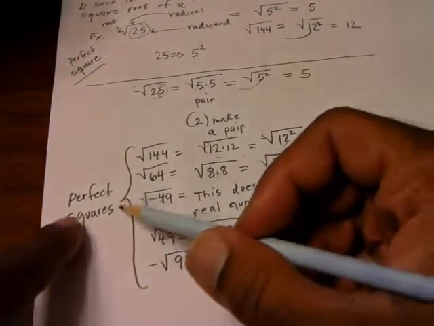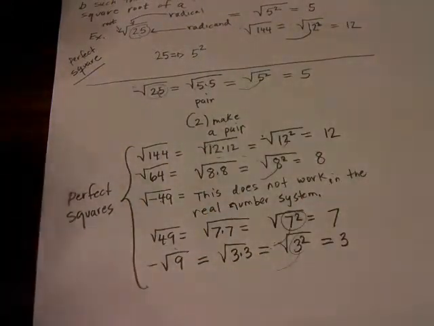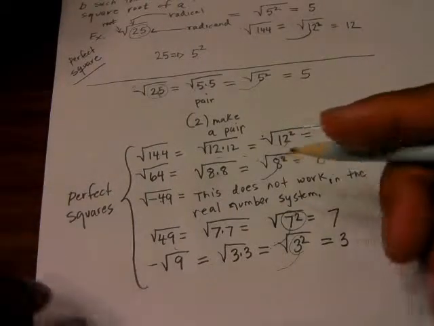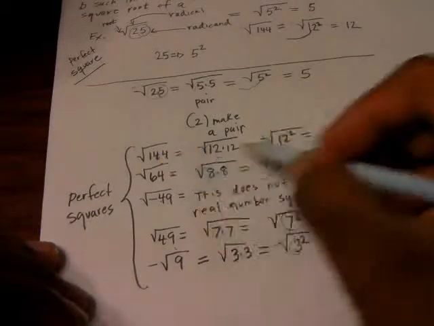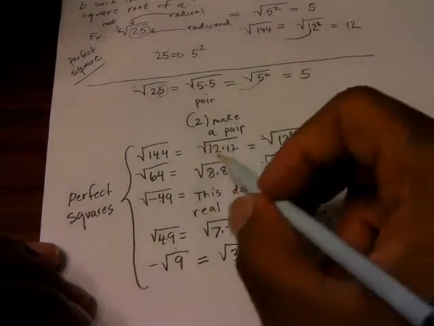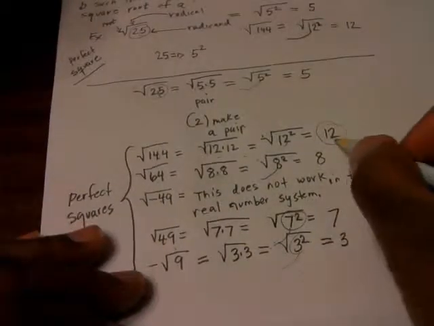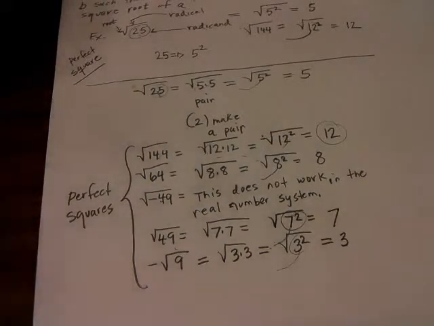That means that the same two numbers you multiply in the radicand will give you the square root. So perfect squares are two numbers that are the same that you multiply together, all right? And it takes two to make a pair, so they represent a perfect square.